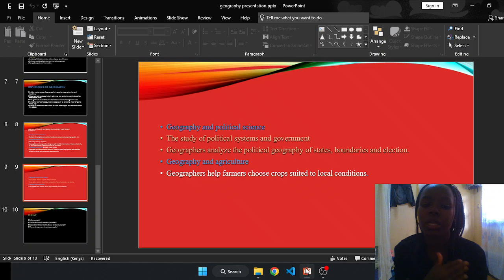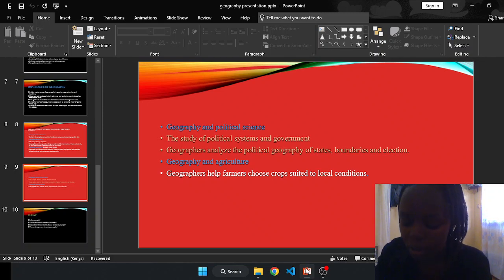And what helps us to identify that climate? This geography is the one that helps us to identify those climates and also the suitable substance that we can use to manage them. So this geography is related to agriculture in different ways, because it can also help us to produce more product because of choosing suitable crops for different locations. Yeah, that is it. I think that's done.